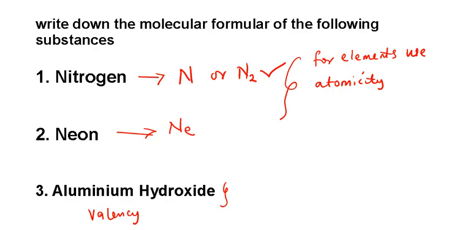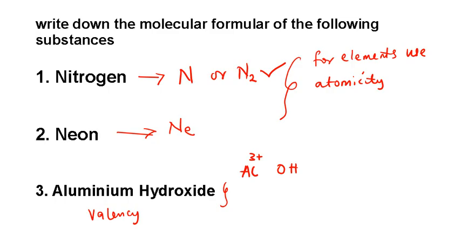It is made up of aluminium and hydroxide. The valency of aluminium is plus 3, and that of the hydroxide is 1, or -1.